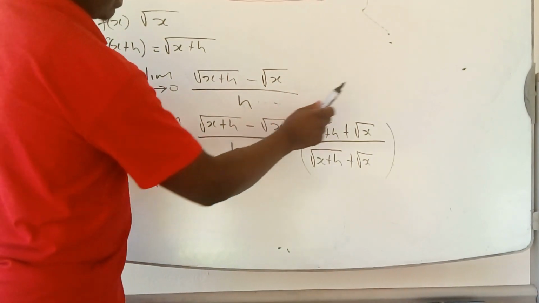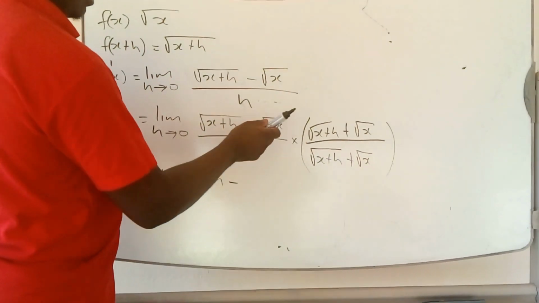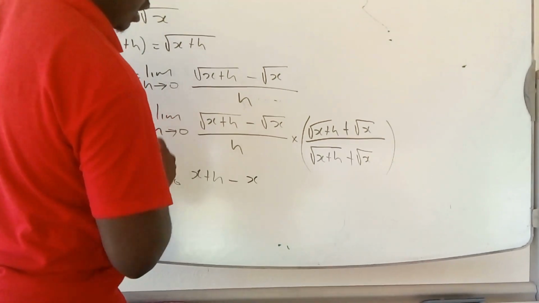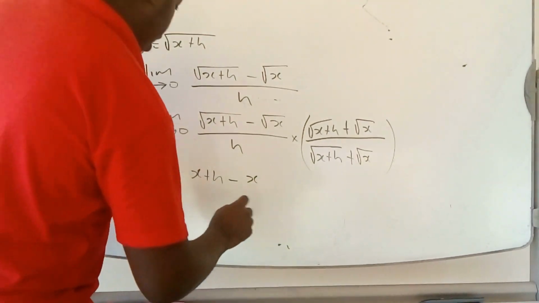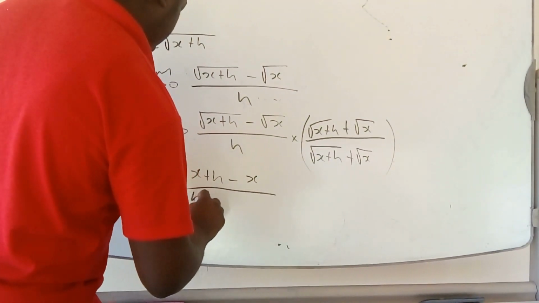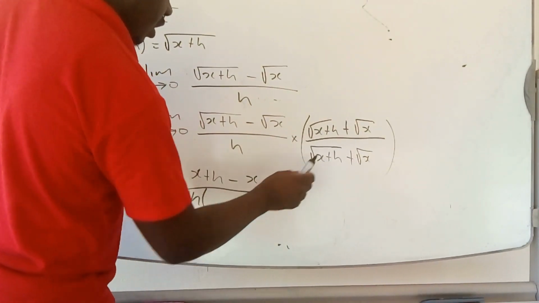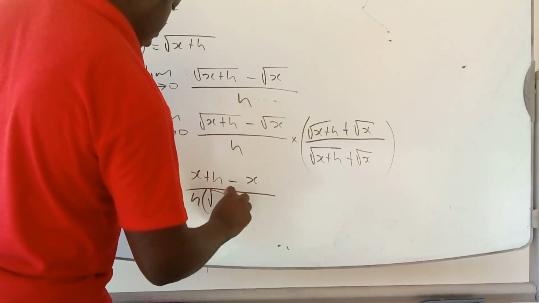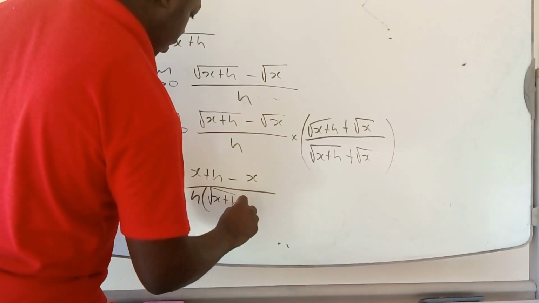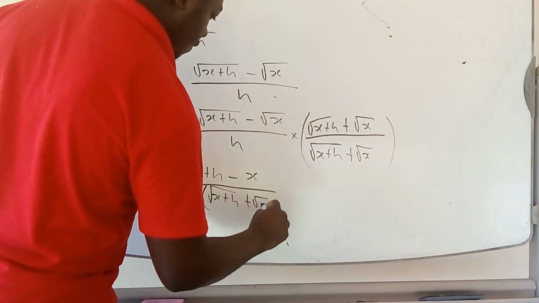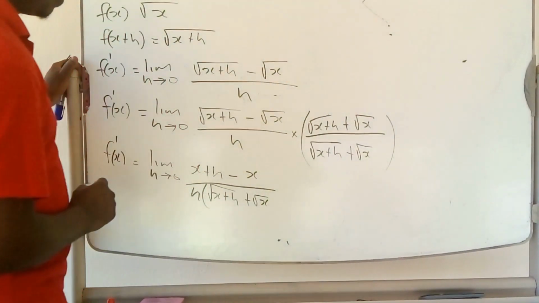Minus the root of x times the root of x. The root sign will disappear, we're left back with x, right? All of that over h times, we're not going to distribute this h to this term, so we keep it in the bracket, which is root of x plus h plus the root of x, right?